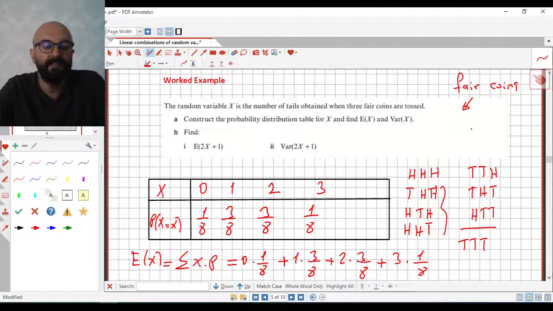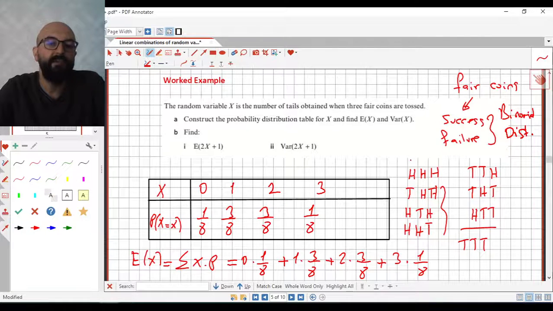Our results are success and failure. As you remember, we worked out two of them. So it's a situation related to the binomial distribution.